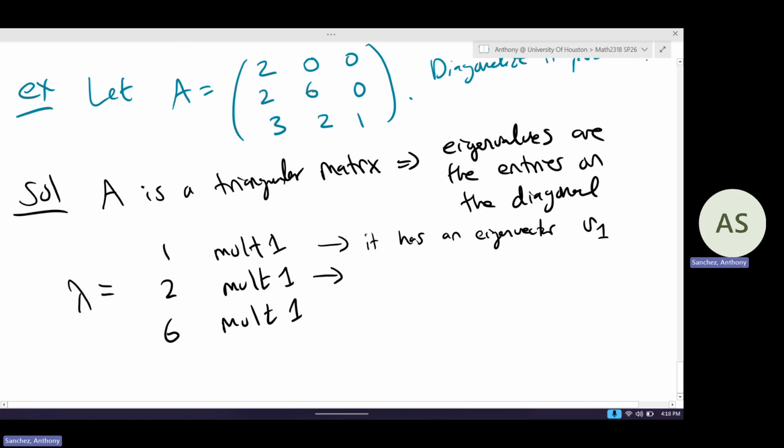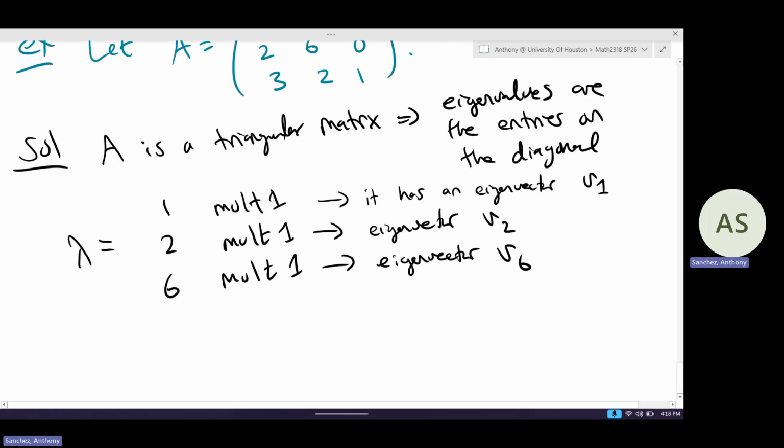The fact that 2 is an eigenvalue means there's an eigenvector v sub 2, and the fact that 6 is an eigenvalue means it has an eigenvector v sub 6, let's say. By virtue of having an eigenvalue, I'm forced to have an eigenvector, because that's what it means to be an eigenvalue.